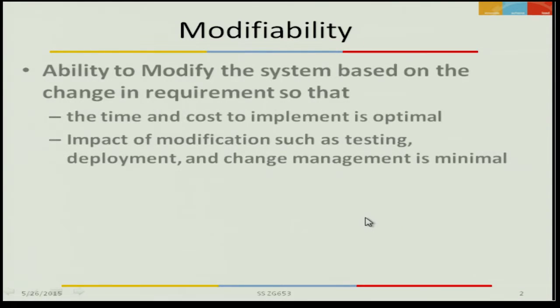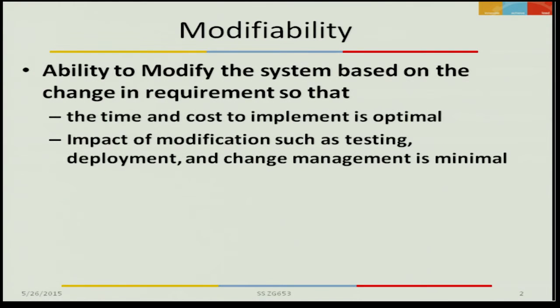So let's first look at what is meant by modifiability. System modification is a term that most of you have already encountered, or you have used it in some form or the other.